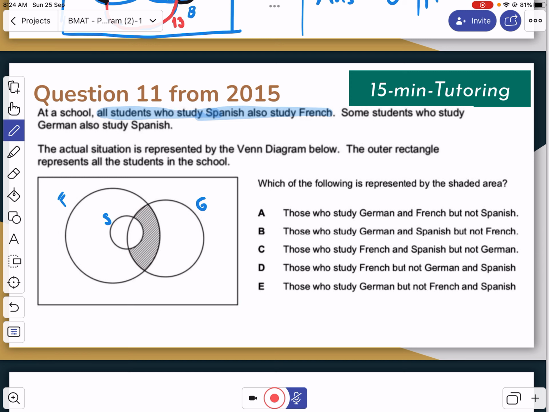And the shaded area, that is inside the French, inside the German, but outside the Spanish. So, the correct answer will be A. So the shaded area represents students who study German and French, but not Spanish. And that's all the 3 questions from actual BMAT exam that cover Venn diagram.